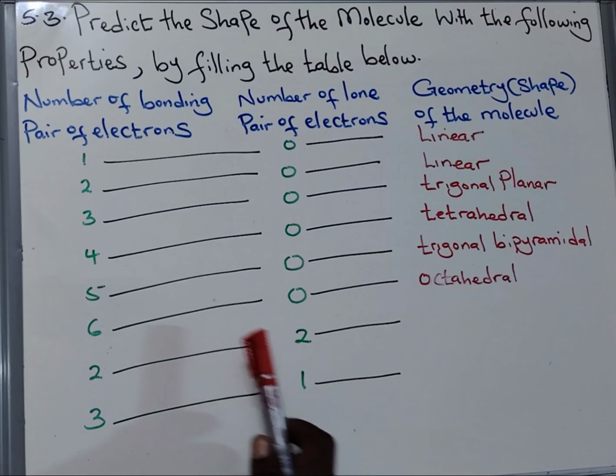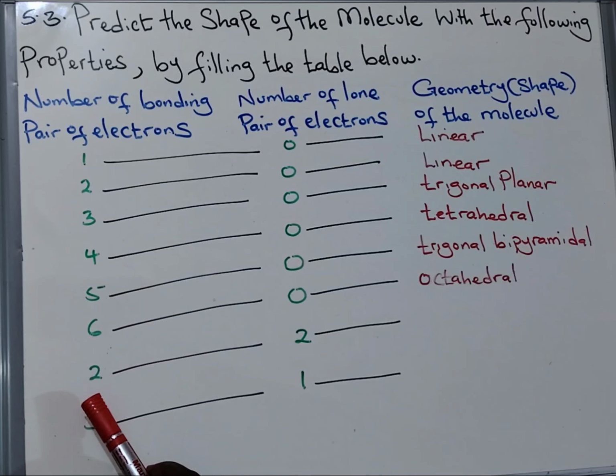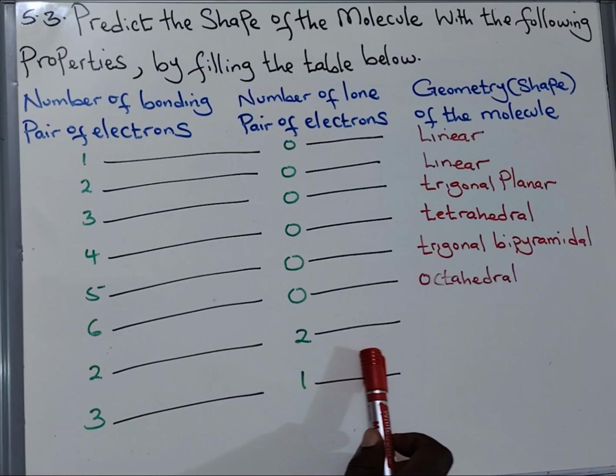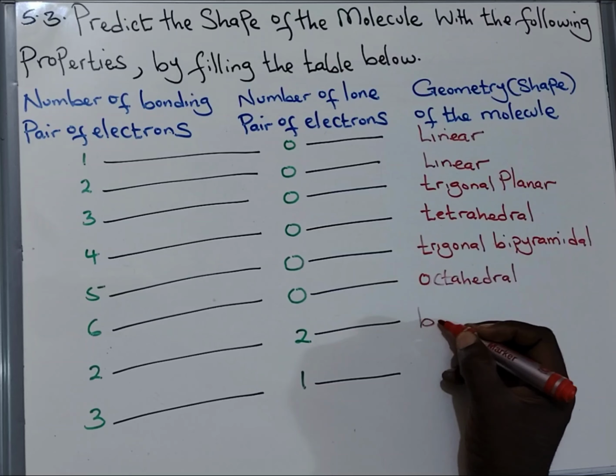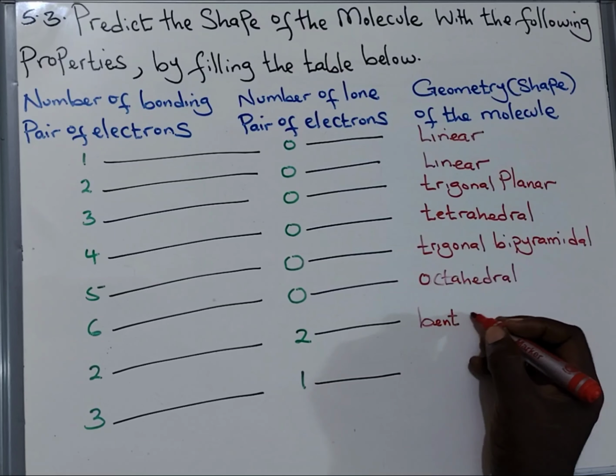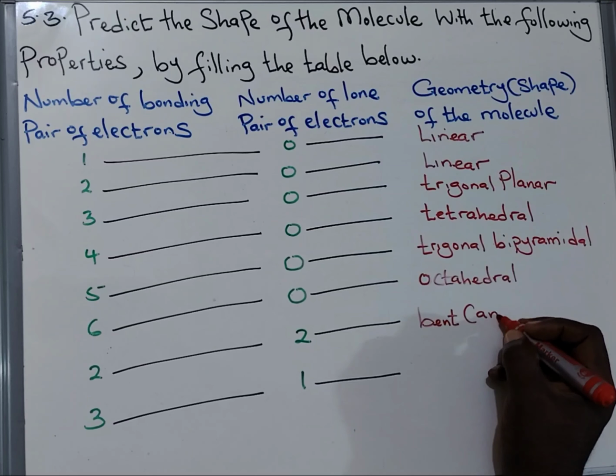Okay, we come to this one. We have 2 bonding pairs of electrons and 2 lone pairs. What shape is adopted under the circumstance? It is bent or angular.